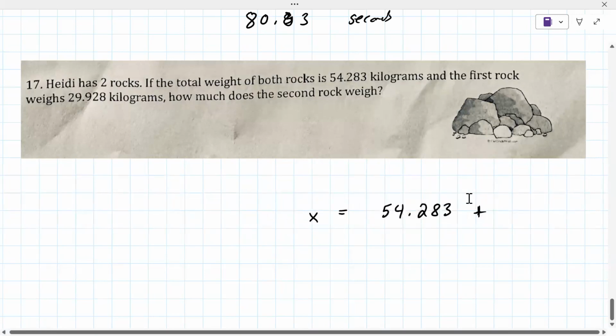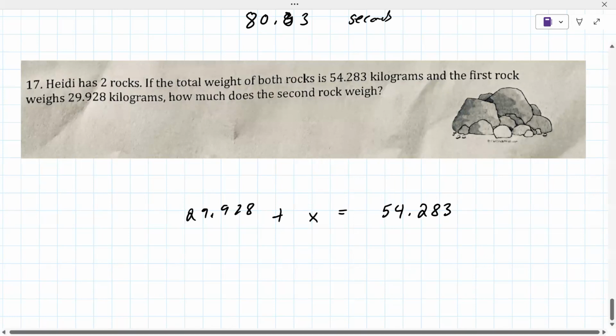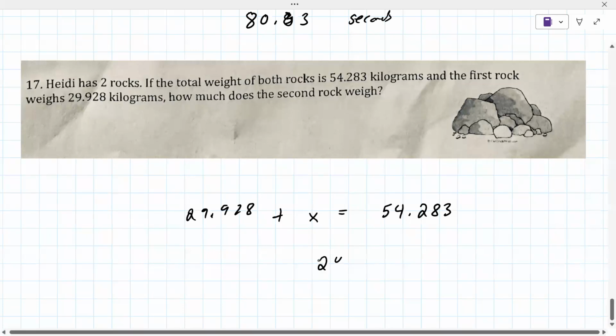The second way is preferred. 29.928 plus X. So go ahead and solve this by adding them together or subtracting. 24.335.